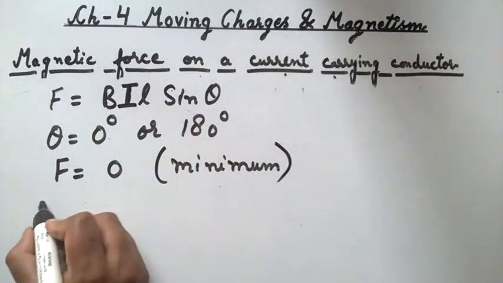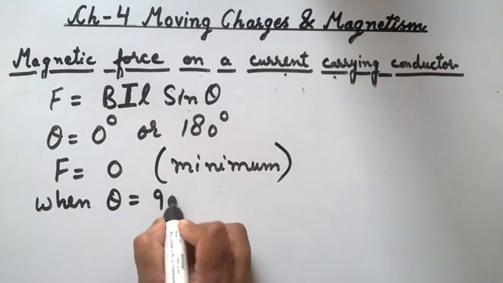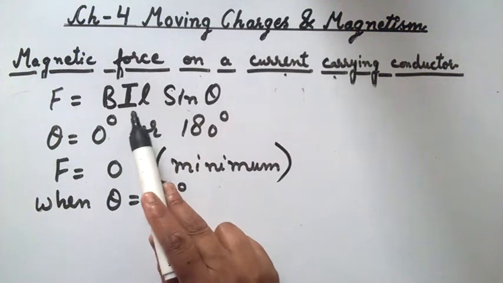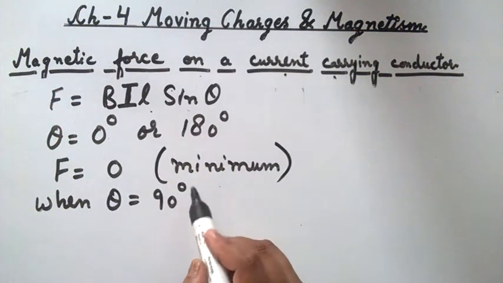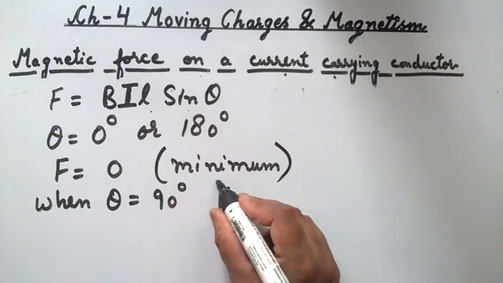And when theta is equal to 90 degree, that is the angle between magnetic field and current element is 90 degree, then the force experienced by a conductor will be maximum.